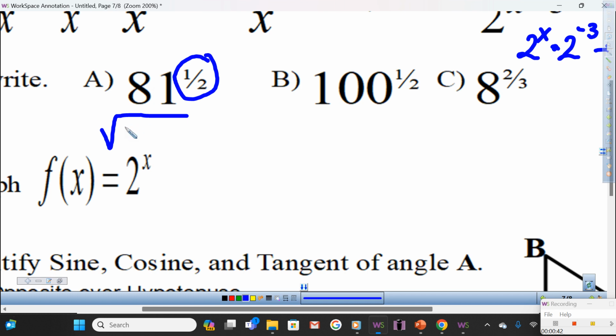So that means square root of 81. So what does the half mean, Mr. Q? Well, the denominator tells us what number times itself 2 times gives us 81, and that number is 9.